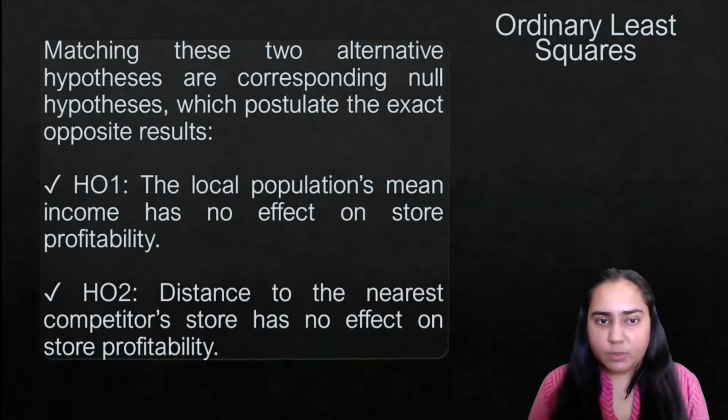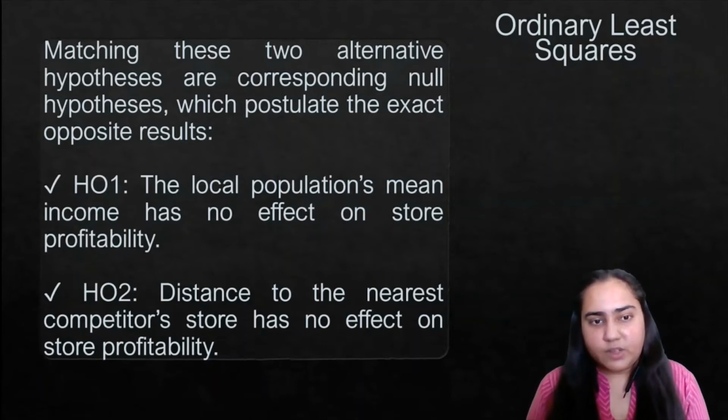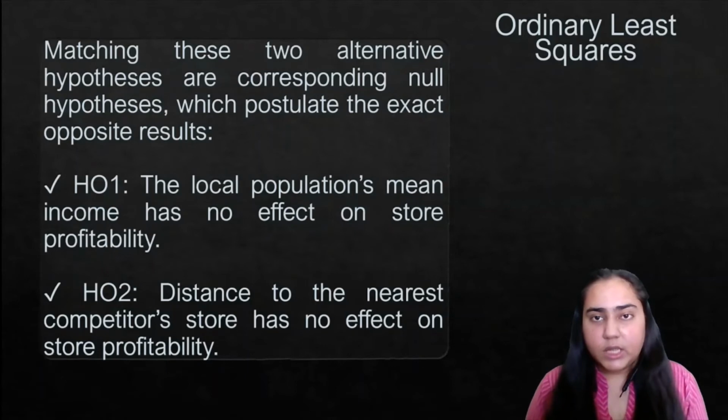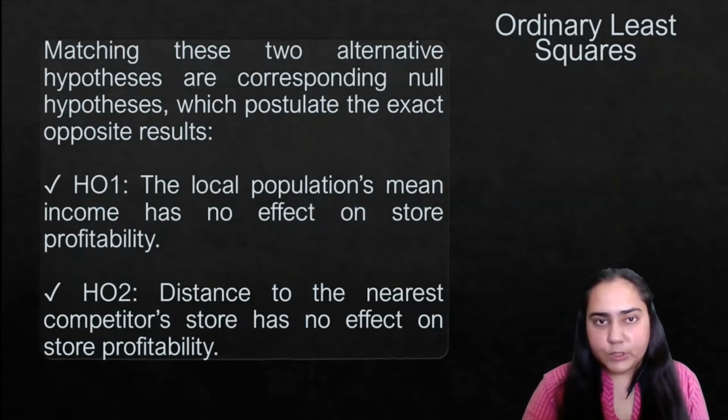And the second null hypothesis, corresponding to the distance alternative hypothesis, would be that the distance to the nearest competitor's store has no effect on store profitability. So this is your second null hypothesis, that distance doesn't matter. The first one is that average income of the local population doesn't matter.